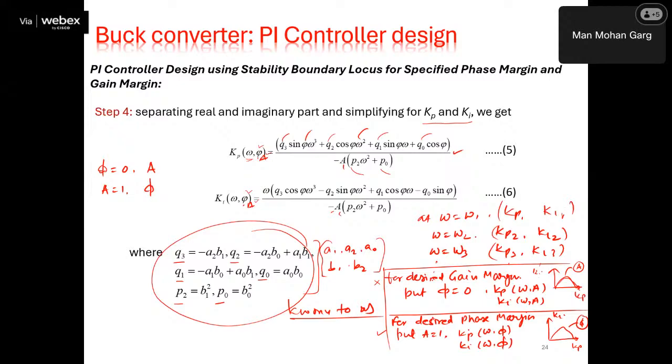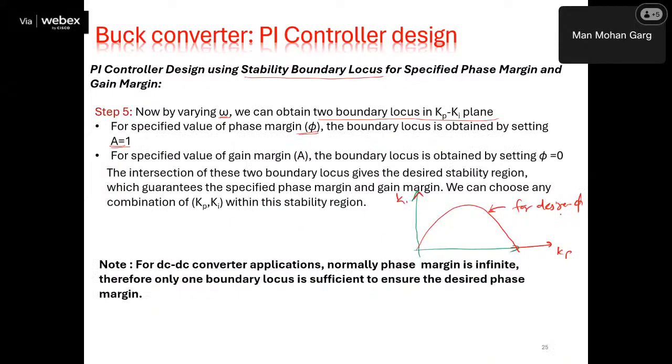What the stability boundary locus means is that all these points are obtained by varying the omega. That's why you will get this locus. Now, any Kp, Ki should be positive, because this is just a mathematical expression.